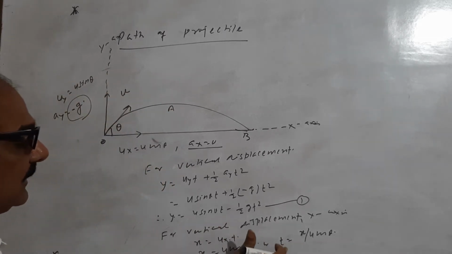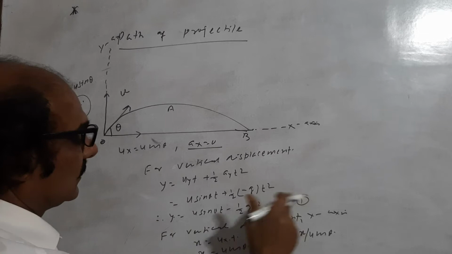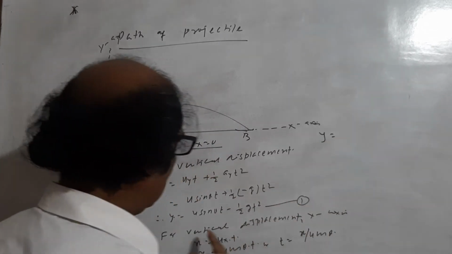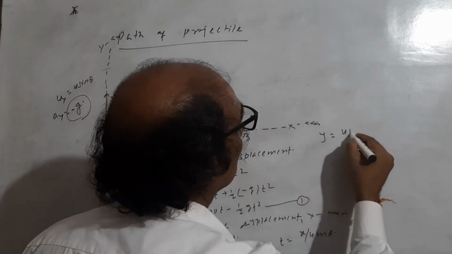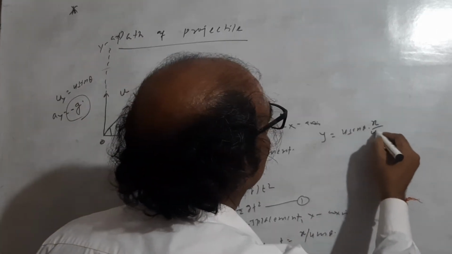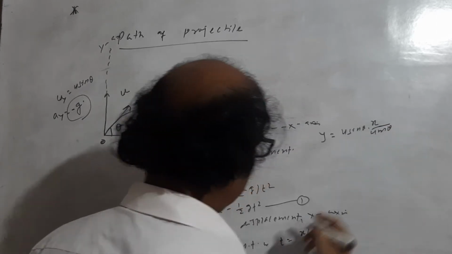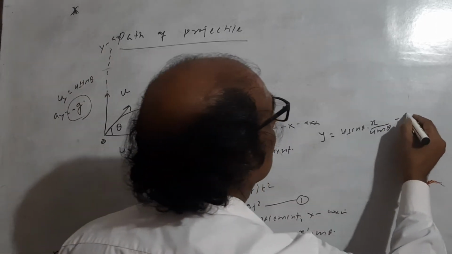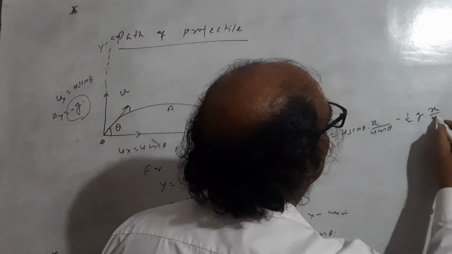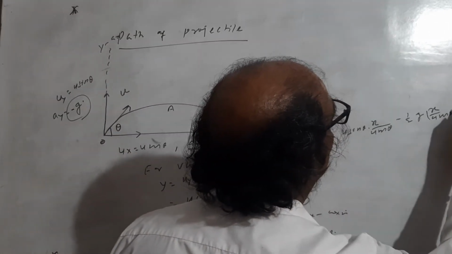Substituting the value of t in equation number 1, the equation is written as y equal to u sin theta into x by u cos theta minus half g into x by u cos theta whole square.